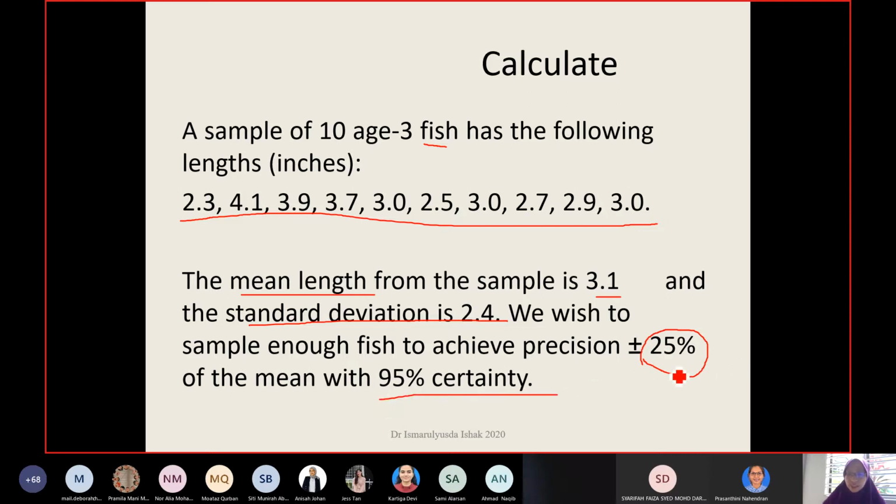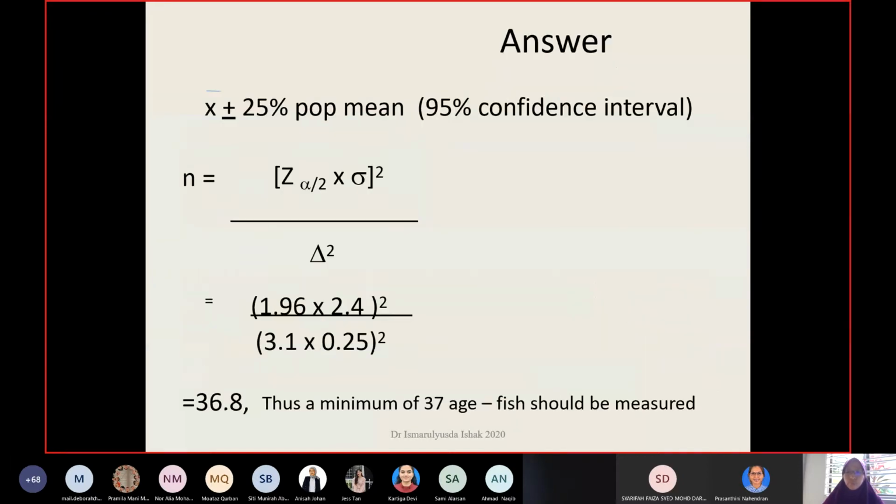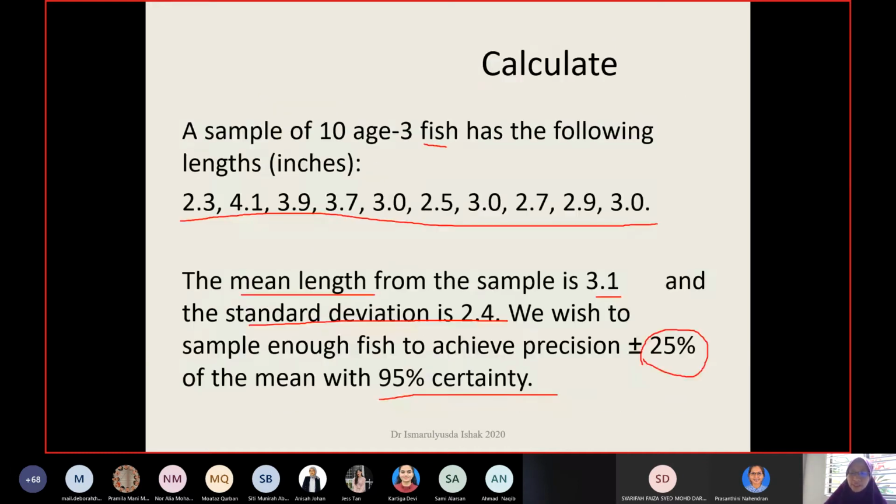Here they don't give the unit but the percentage. So what you have to do is the same formula. The standard deviation is 2.4. This is the mean times the percentage, which here is 25%, to achieve precision plus minus 25%.